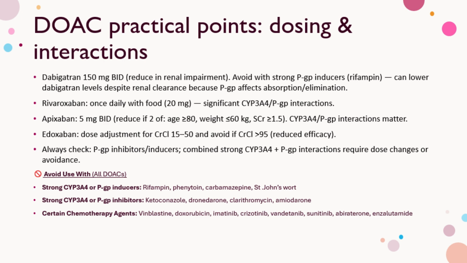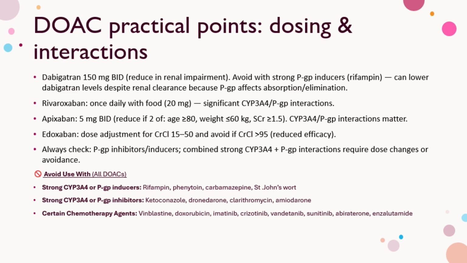While DOACs simplify therapy, clinicians must recognize their key limitations and interactions. All DOACs are substrates of P-glycoprotein, PGP, and some also depend on CYP3A4 for metabolism. Strong inducers, e.g., rifampin, carbamazepine, phenytoin, St. John's wort, markedly reduce DOAC levels and should be avoided.